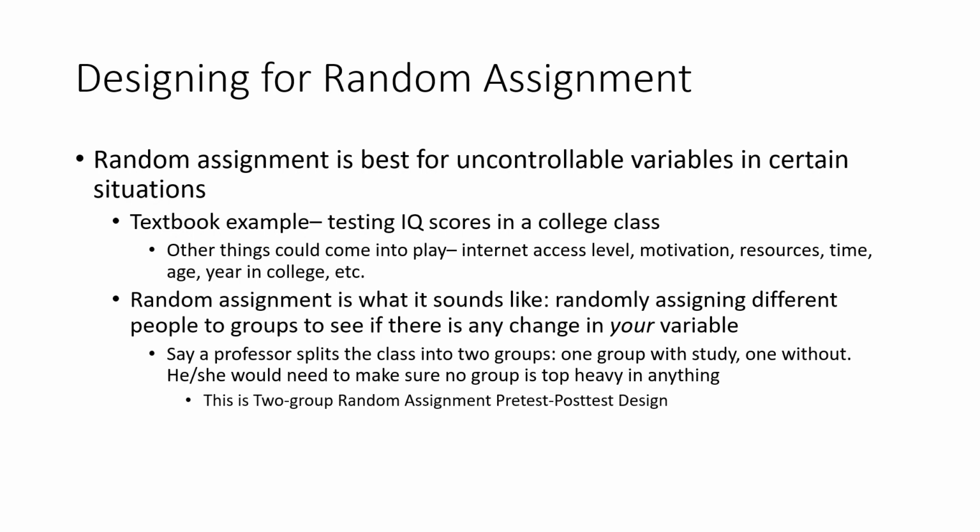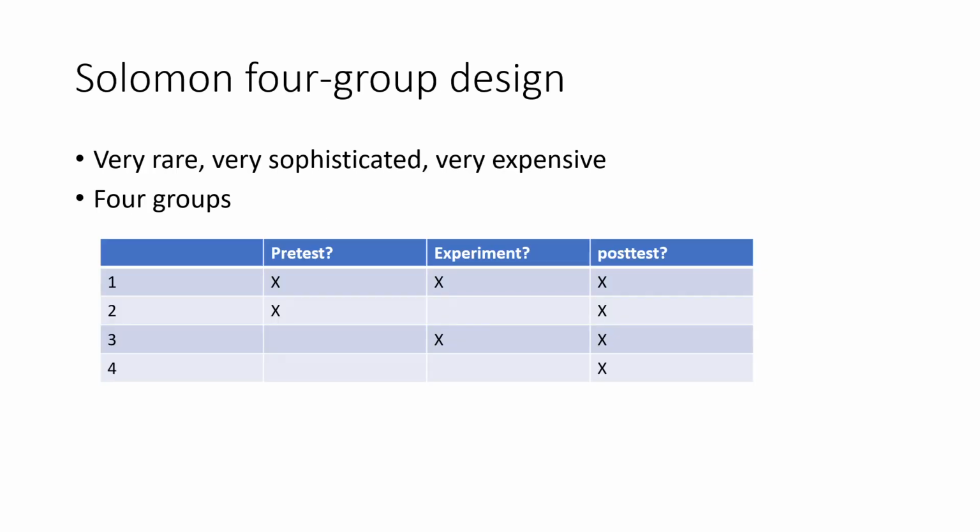The professor wants to make sure that these groups are even and totally random, so that you don't have group A with a ton of seniors or super motivated people, and then group B with just people that don't want to do anything, or they're all freshmen or something like that, because then you're going to get really swayed results.